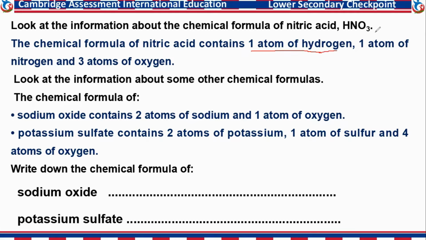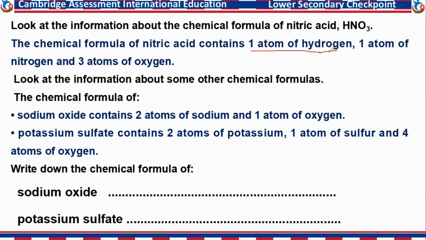No need for a subscript like this 3 there. No need of writing 1, just write the symbol. So that's why you have H given there for hydrogen. 1 atom of nitrogen, just see the symbol N for nitrogen. So if it is 1 atom, you just write only the symbol.